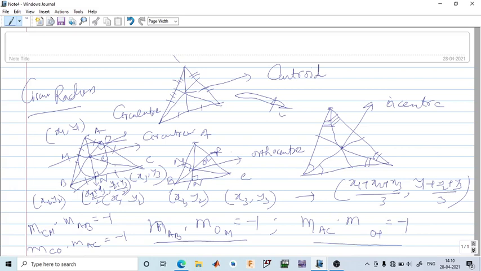So this will be (x2 plus x3) by 2 and (y2 plus y3) by 2, but no such knowledge is given in the orthocenter definition that can easily help to find M, N and P, right, like that of circumcenter. So the only part that is now left is incenter and the conditions of concurrent lines, and I have the equations of bisectors, that is the obtuse angle bisector and the acute angle bisector, right? So let's go to the next page.